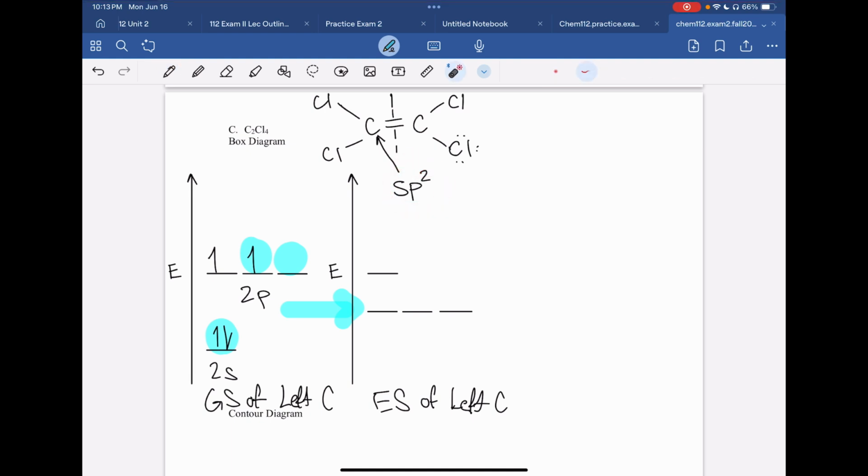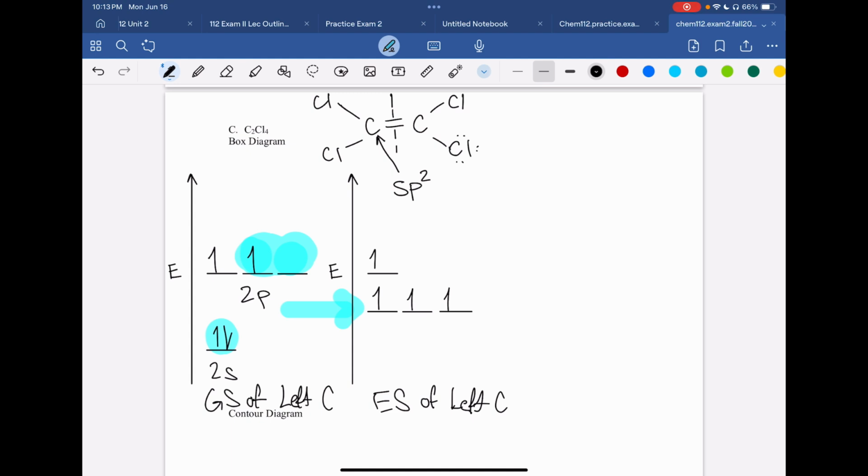I circled from right to left, even though this one is empty. So you're going to split up those electrons. The ones I circled are three, so I'm going to split them up: one, two, three.